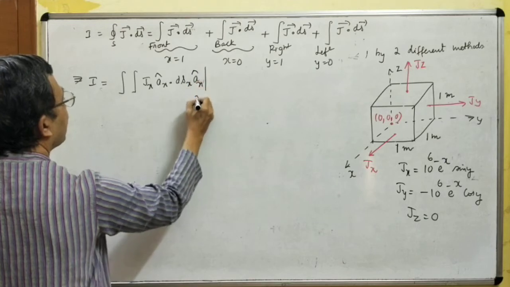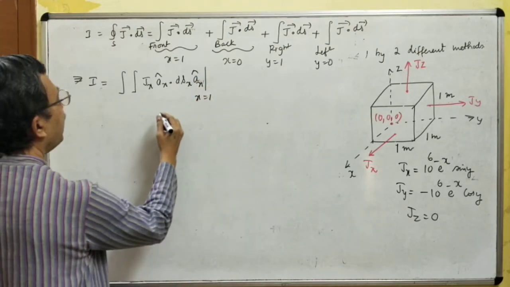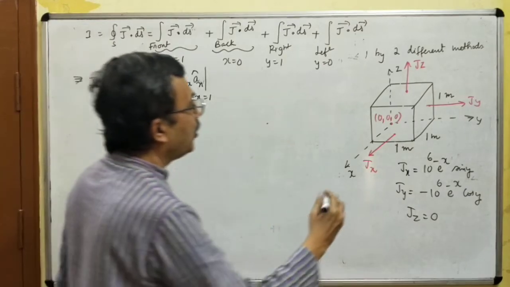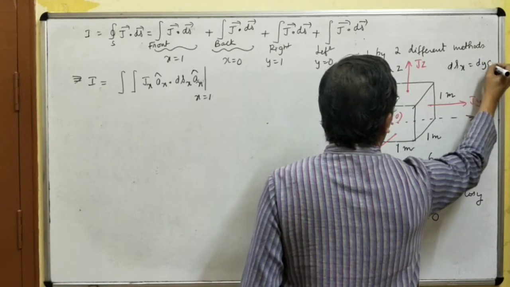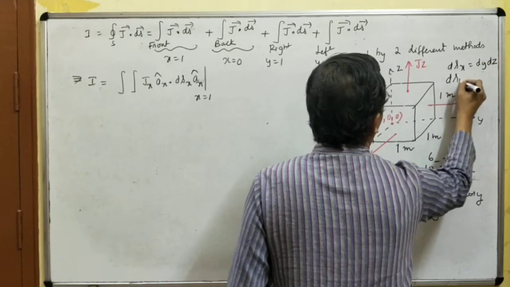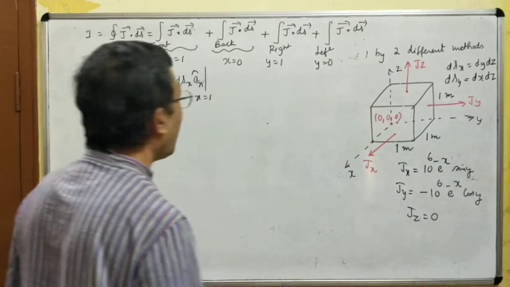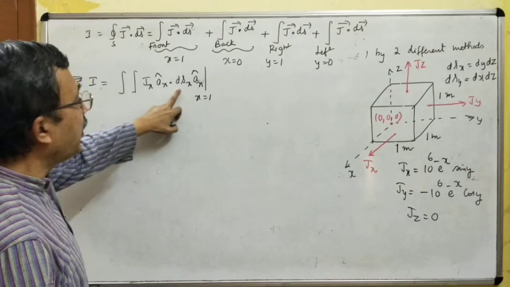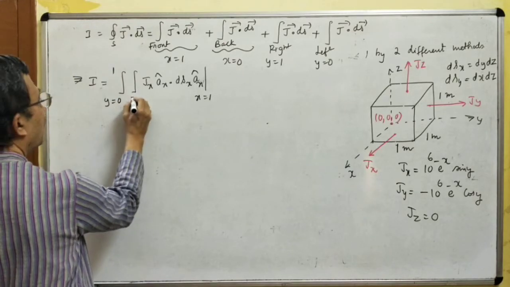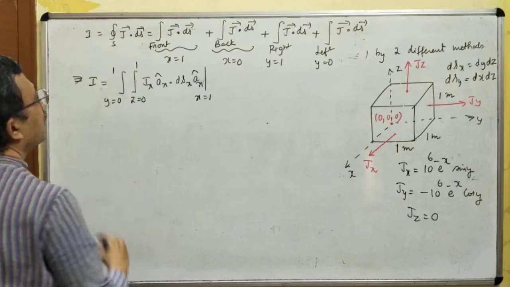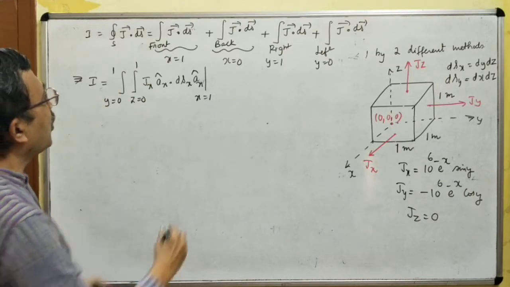This is at x equal to 1. dSx means dy into dz, and dSy means dx into dz. So dSx means dy into dz. y varies from 0 to 1, z varies from 0 to 1. This is for the front face, which is at x equal to 1.